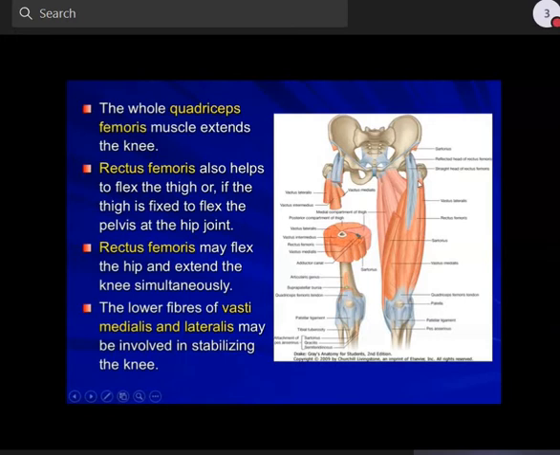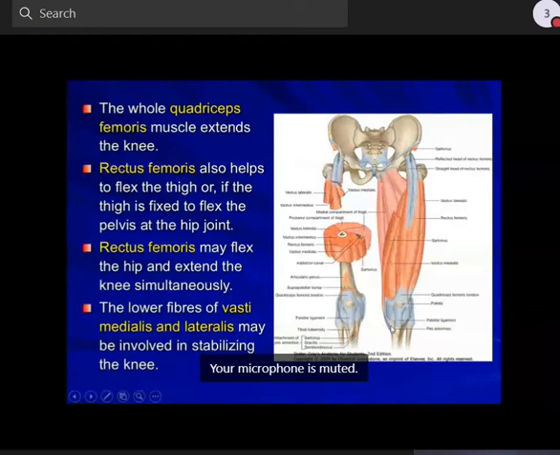Superiorly, it originates from the superior anterior iliac spine and finally ends below the knee at the medial tibial condyle to form the so-called pes anserinus superficialis, superficial goose foot. Pes anserinus superficialis.